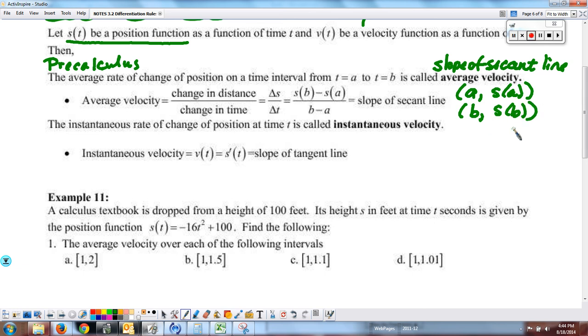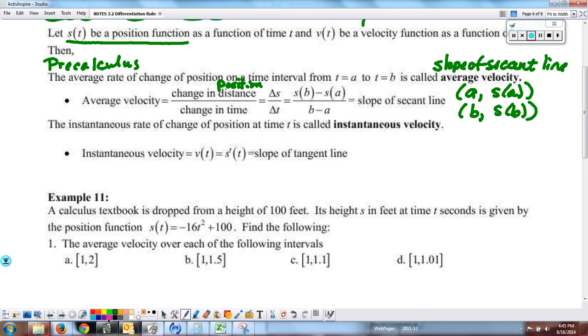Then we simply want to calculate our slope: our change in position over change in time. That is going to give us our average velocity. So we're simply doing y2 minus y1 over x2 minus x1, the slope of our secant line.